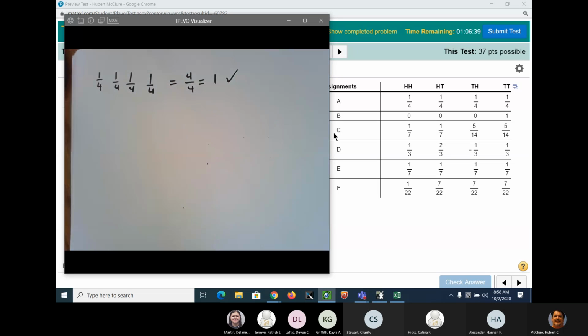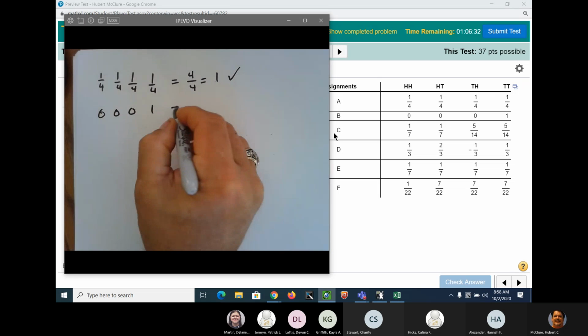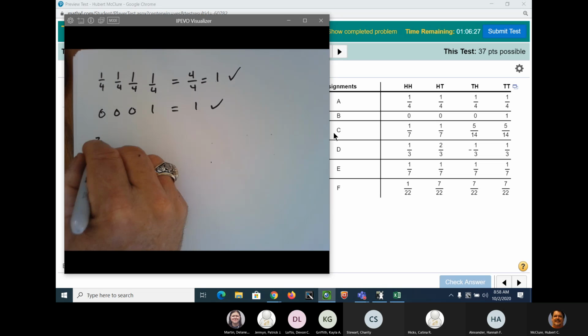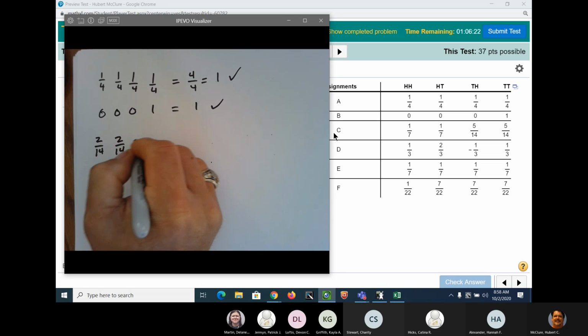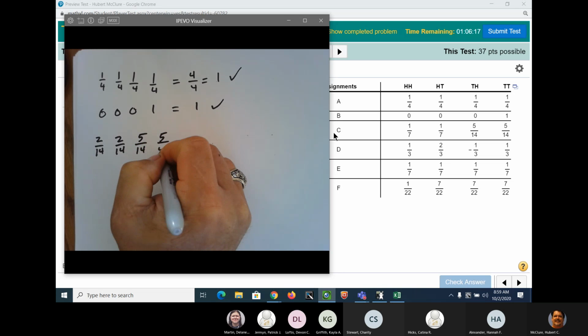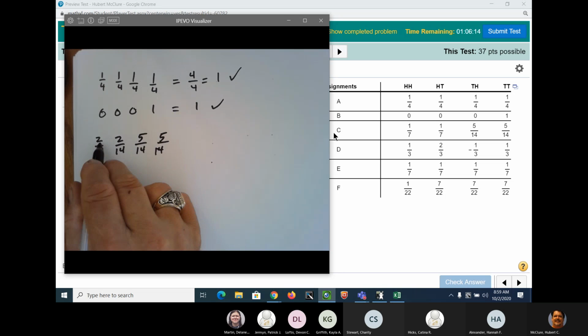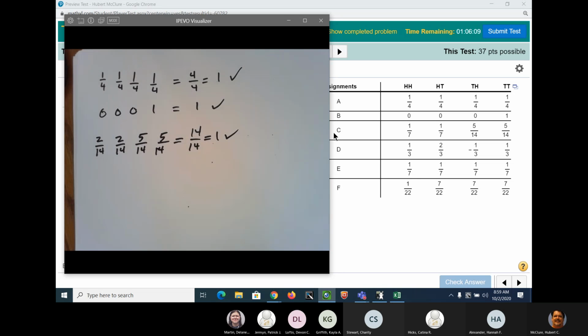So that checks. The next one: 2/14, 2/14, 5/14, and 5/14. Well, 5 plus 5 is 10, and 4 is 14/14, which is 1, so it checks.